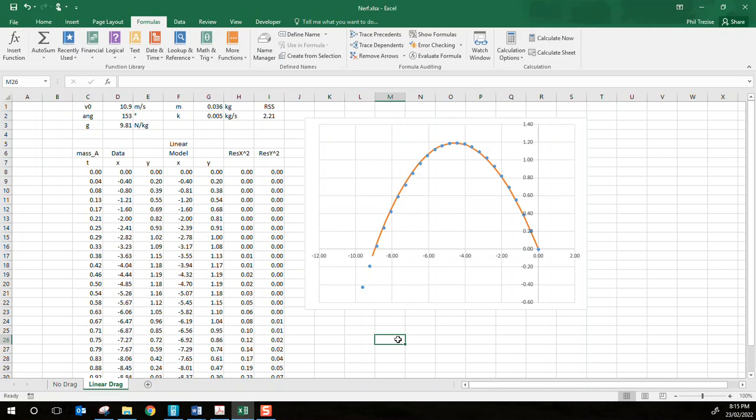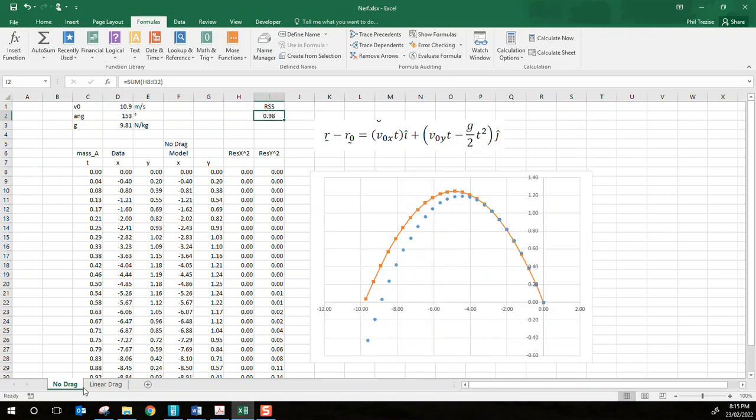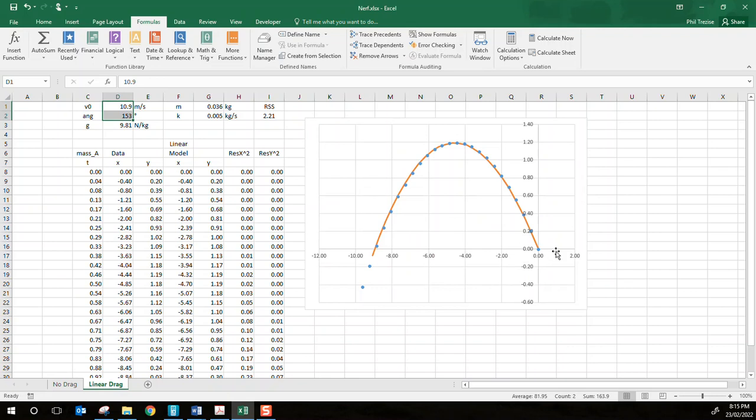Now what did I do for this one? Well, for this one, you'll recognise the starting speed and the angle from my previous worksheet, 10.9, 153 in my case. So just because I'm changing the idea of how I account for air friction doesn't change the fact that I fired the particle at a certain speed at a certain angle. Now remember, gravity is still 9.8.